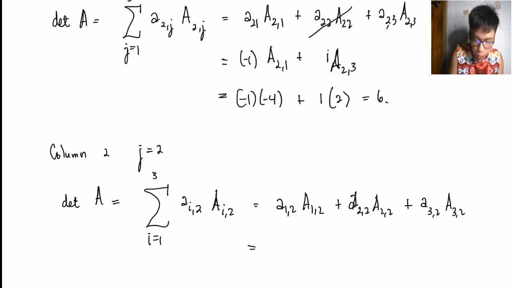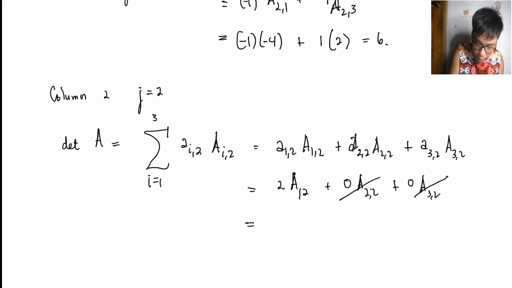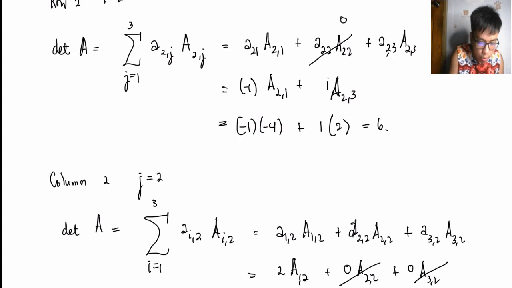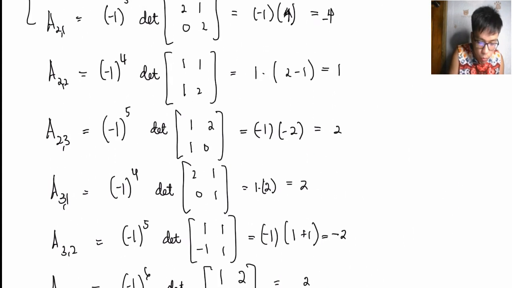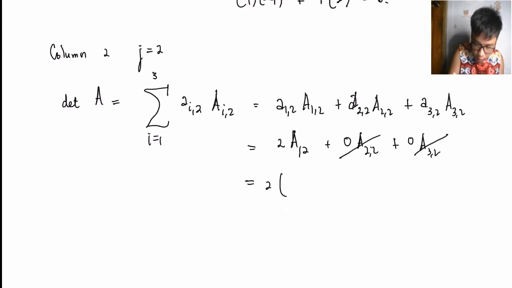So what is my a12? My a12 here is 2, plus my a22 here is 0, and a32 here is also 0. So these are 0. So I would have 2 times C12. What's C12 here? My C12 is 3. So therefore, this is 6.